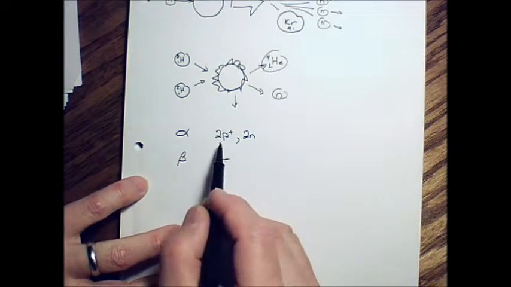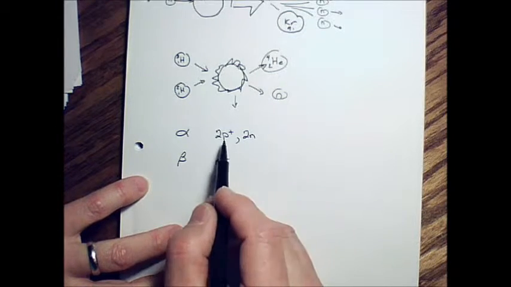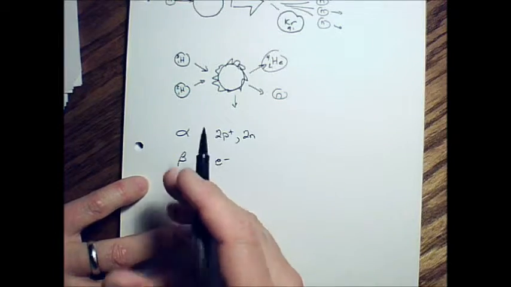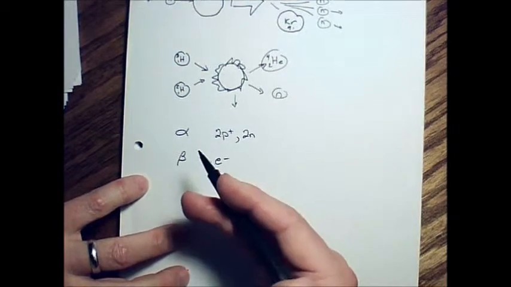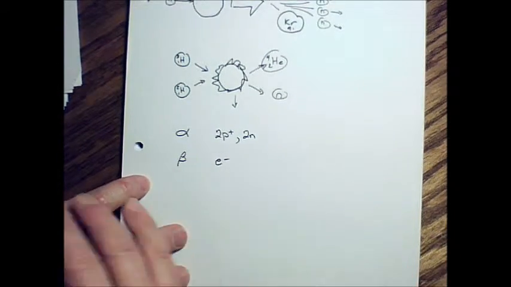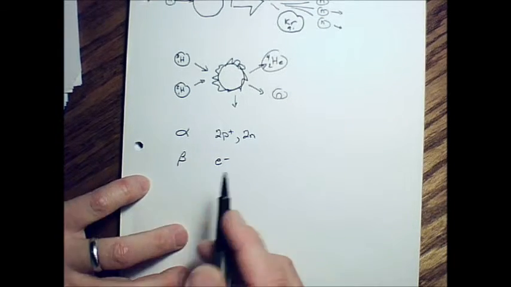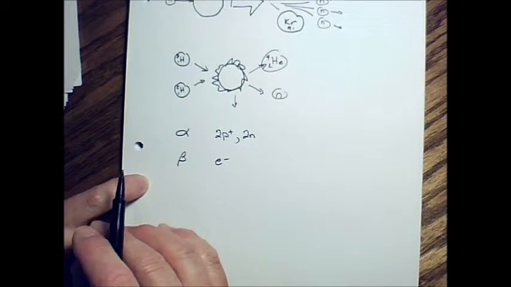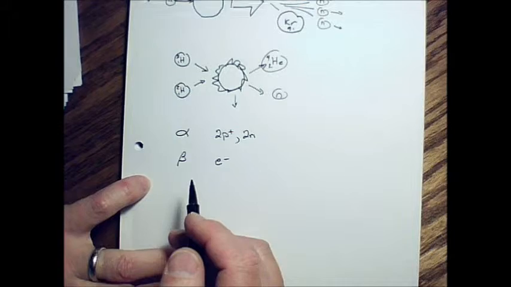The result of that, besides the alpha particle, is whatever's left has a mass of 4 that's less and an atomic number of 2 that's less. Okay? And when we have beta decay, we take one of the neutrons in the nucleus and turn it into a proton. So we have 1 less neutron and 1 more proton in that nucleus.